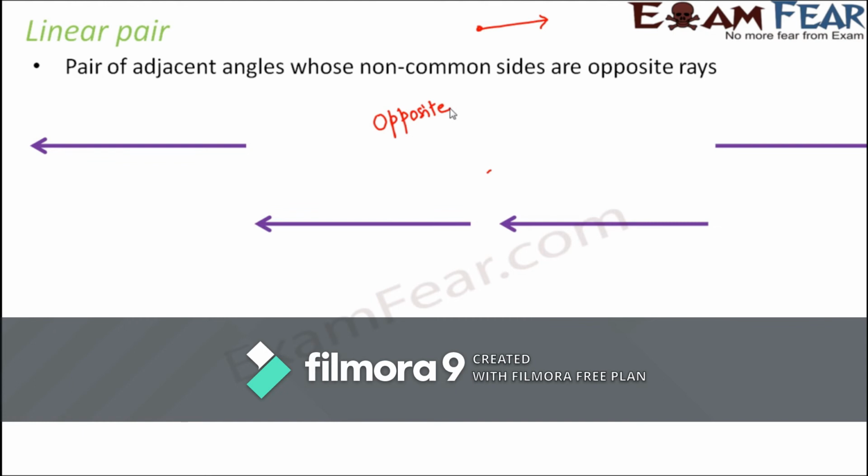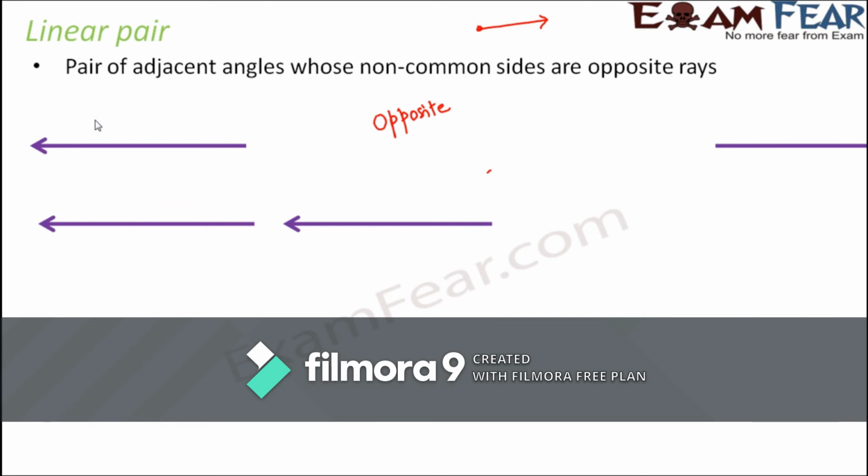Whereas if you have two rays which are extending in the same direction, then they are non-opposite rays, or you can say they are rays extending in the same direction. So we have opposite rays, meaning the two rays in exactly opposite direction to each other.